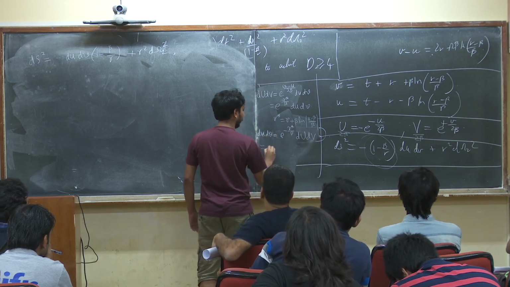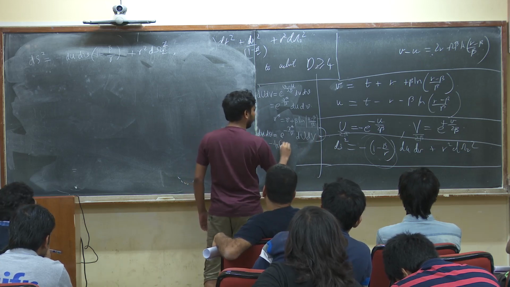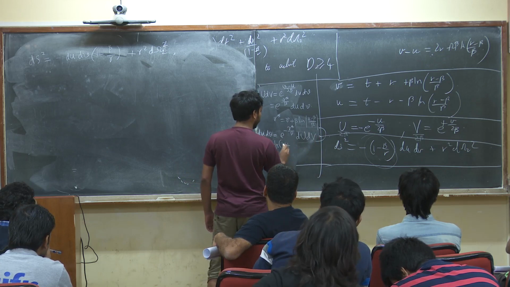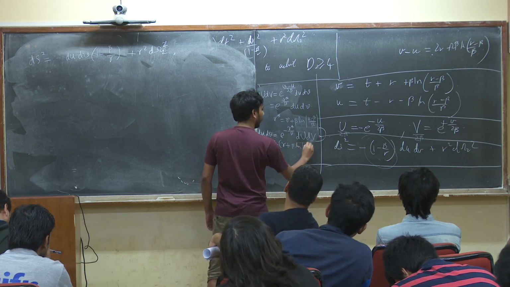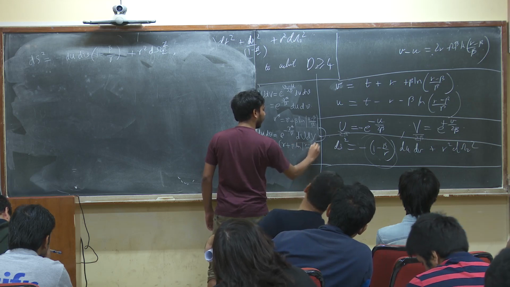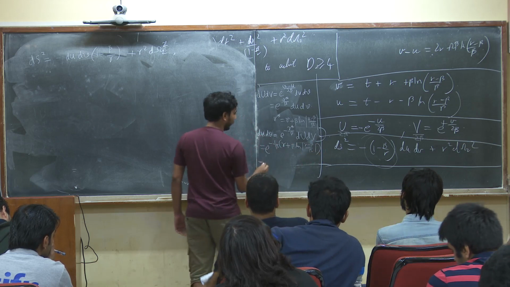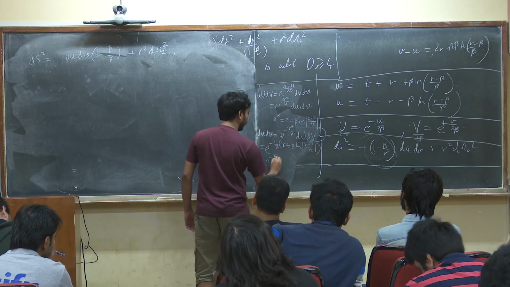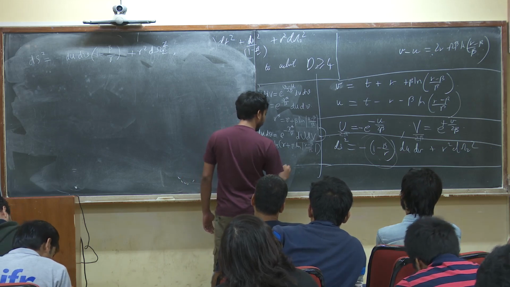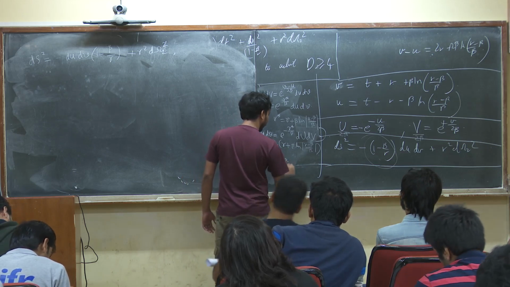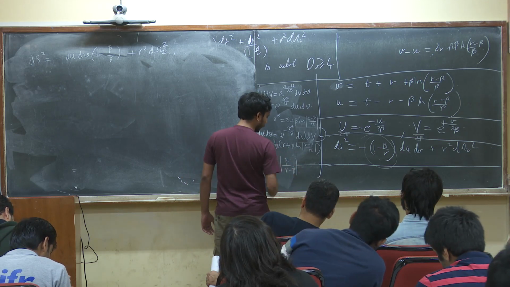So it is equal to e to the power minus 1 by beta, r plus beta ln of r minus beta by beta. Then it is e to the power minus r by beta into beta by r minus beta, because there is a negative sign outside.